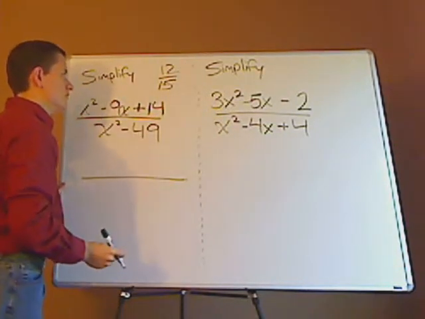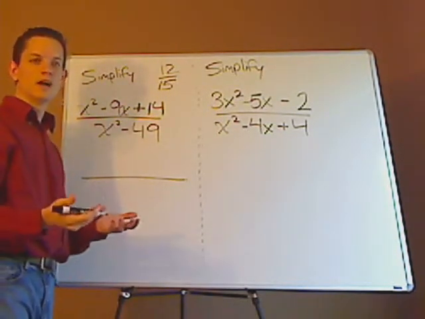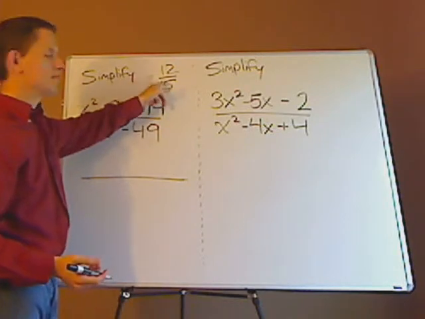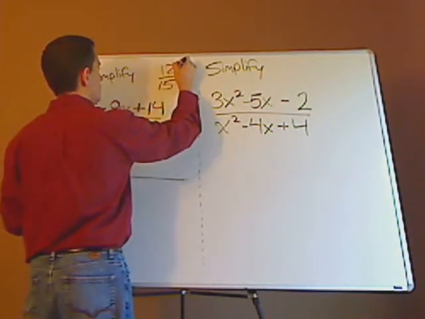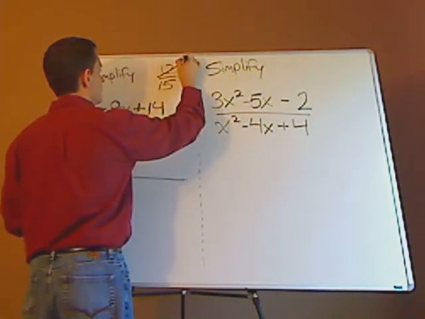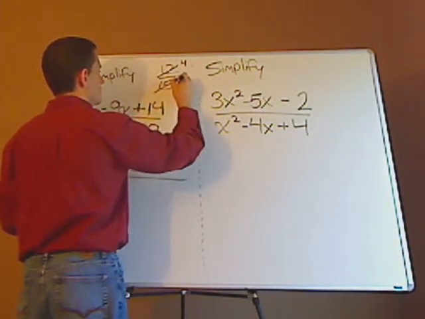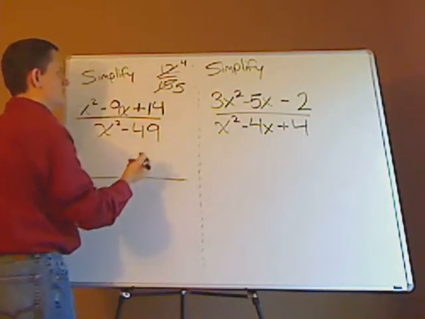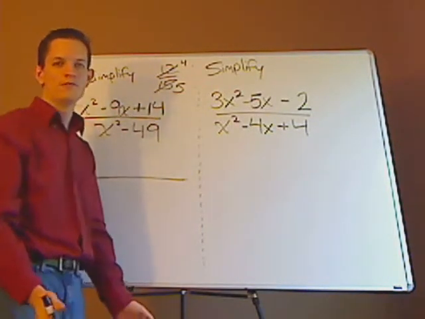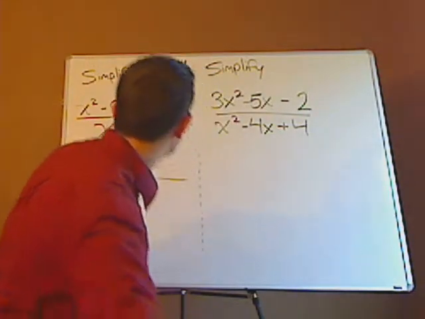What you would do is that you would divide, right? What number goes in both 12 and 15? 3. So 3 goes into 12 4 times. 3 goes into 15 5 times. So this would be 4/5. Right?